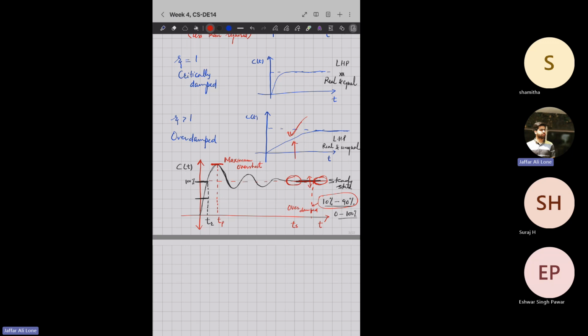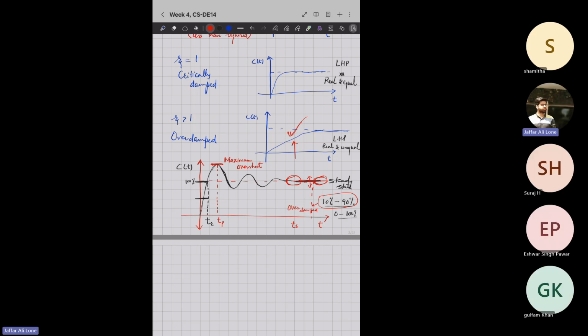For example, you are told your system has a damping ratio of this, which gives rise to a maximum overshoot of 25%. Let's do something to reduce this overshoot. In that case, we will use controllers, to decrease overshoot, improve settling time, decrease rise time, or whatever. There are different controllers that will come in the later part.